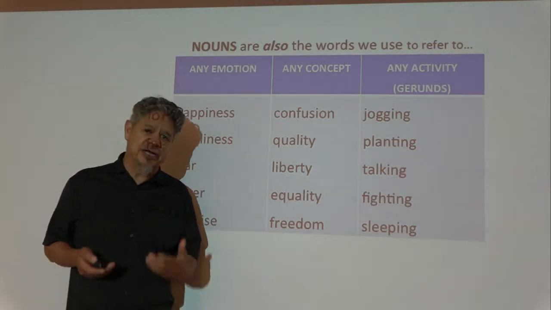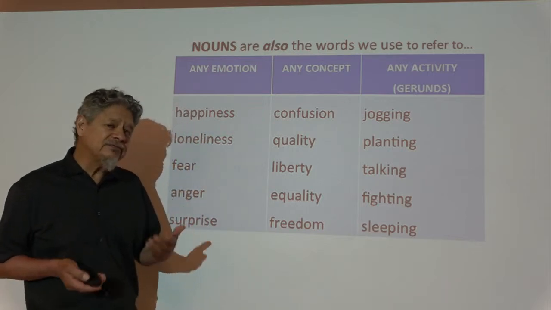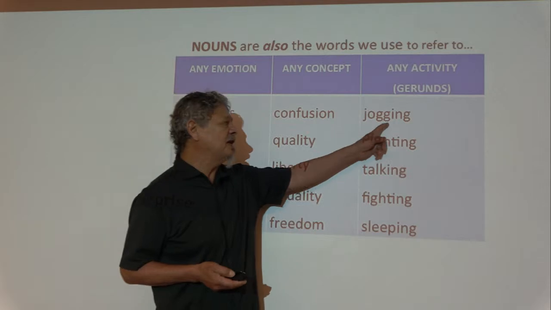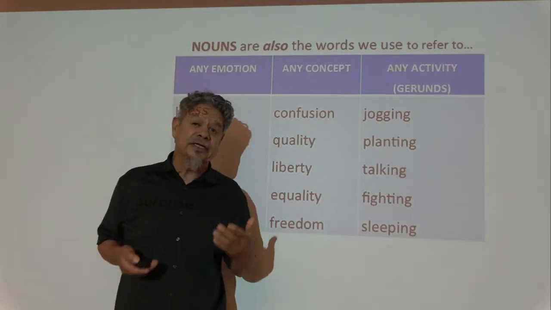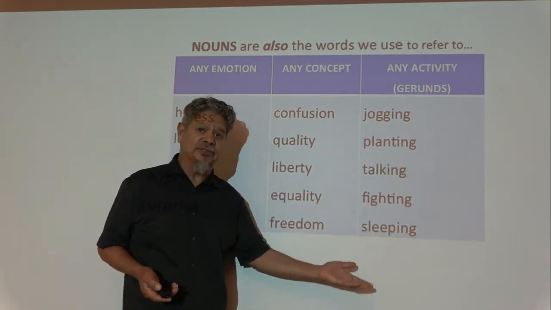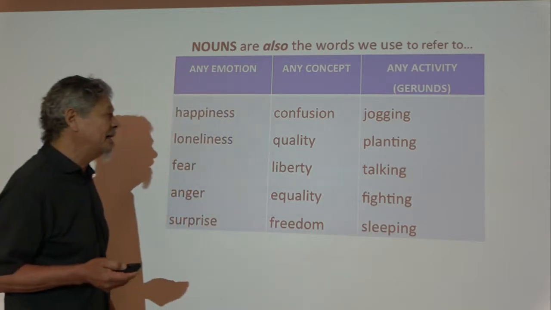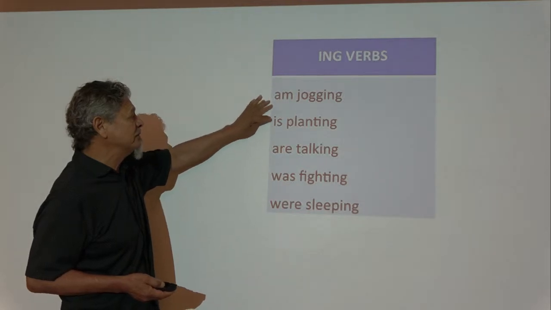We call them gerunds. These nouns actually confuse a good number of students because when they see the ing ending, they immediately think the word is a verb. And these words can be used as a verb, are often used as verbs, but when they are, they have helping verbs.